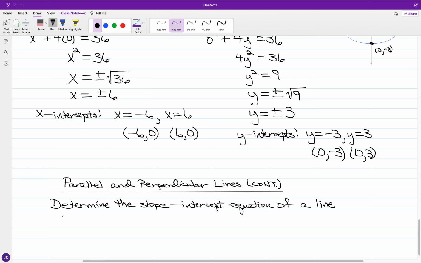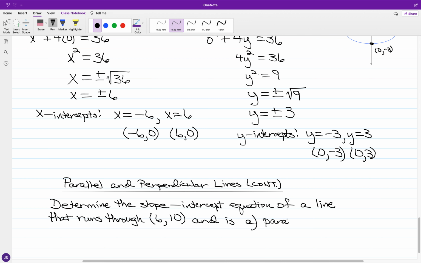And we'll say that it's going to run through the point (6, 10), and it is, let's say first of all, going to be parallel to the line represented by 2x minus 3y is equal to 6.